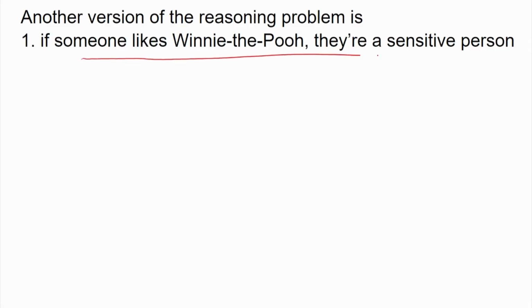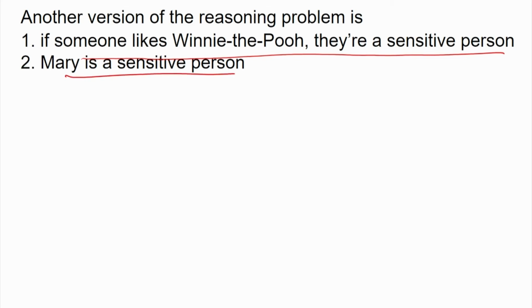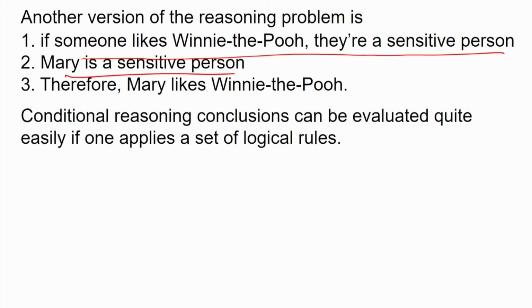Now, another version of the reasoning problem is, if someone likes Winnie the Pooh, they are a sensitive person. Mary is a sensitive person. In the first case, I have affirmed the antecedent, which means my premise has validated the antecedent. In the second statement, I am validating the consequent, the then part of the statement, and then it follows, therefore, Mary likes Winnie the Pooh.